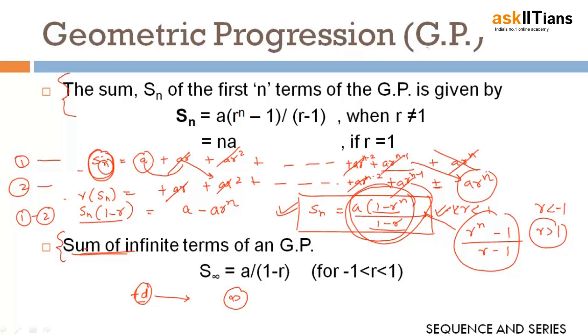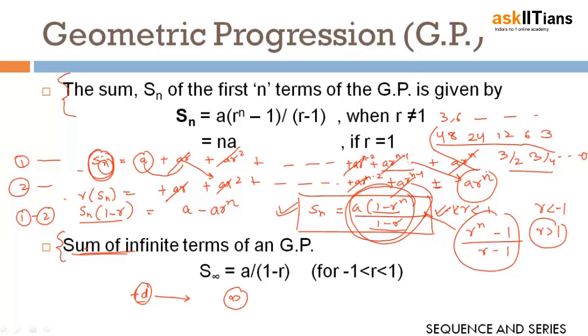Suppose, in the earlier example I took 3, 6. Suppose I had started with 48, 24, 12, 6, 3, 3/2, 3/4. Ultimately these terms get smaller and smaller, and ultimately approach 0. So if I take this to infinite terms, it has significance.